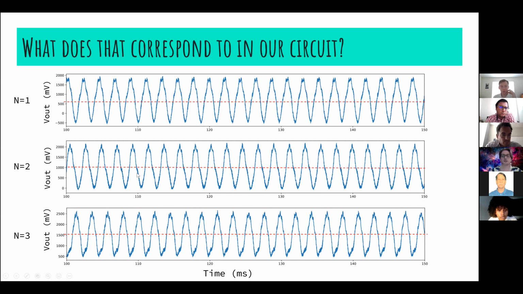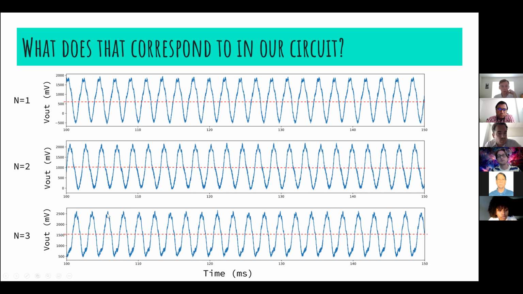So these are experimentally derived graphs. Again, just like we had before, we fix all the other parameters except for our DC voltage across our junction. You can see here, for a given DC voltage across the junction, we have our average V out slightly above 500. We're going to call that our fundamental right there, at n equals 1.